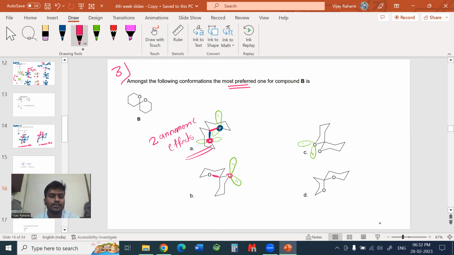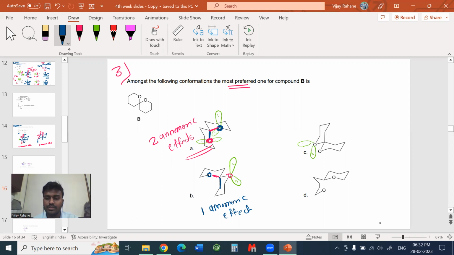But this blue oxygen, its axial bond is this one, right? So here only one anomeric effect, right? So it is less stable compared to A.